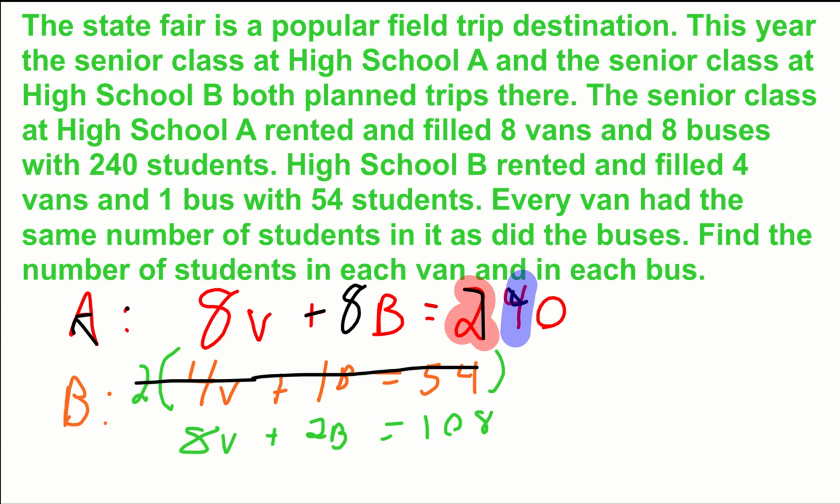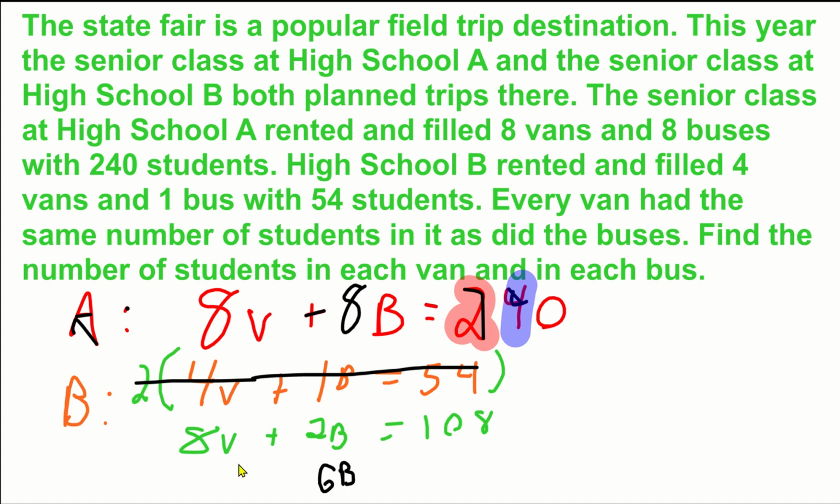And we're going to have our 2 equations cancel out one of our variables. Since the signs are the same on those 8v's, we're going to subtract, okay? So 8v minus 8v cancels out. That's what we want, one of them to cancel. 8b minus 2b makes 6b.